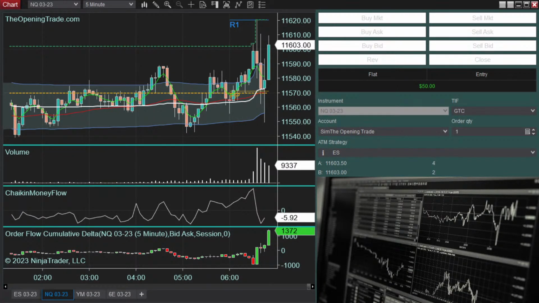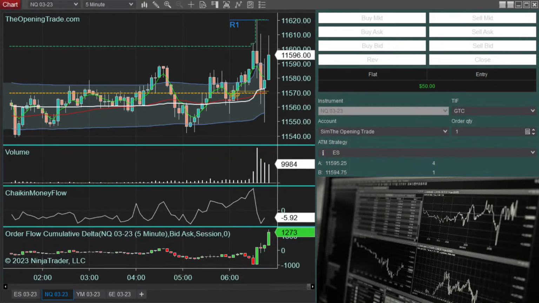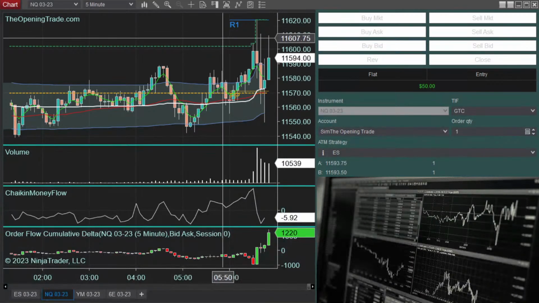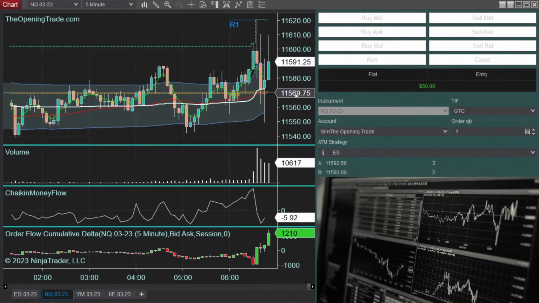So while you look at that, let's refresh this here. We can see that it's meeting quite a bit of resistance at the 11,600 level because it's finding it hard to pop over that number. It's not finding the support it's needing.